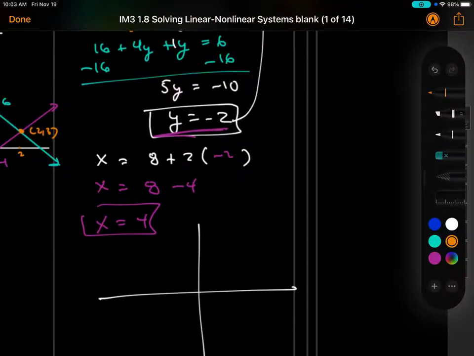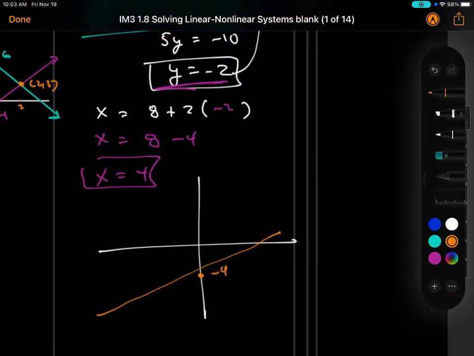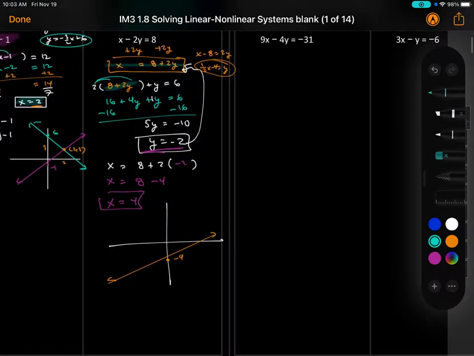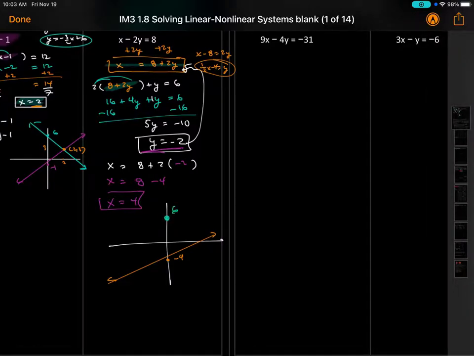So go down to minus 4. And 1/2 is positive, so from left to right it's going up. And over here on this equation, if I subtract 2x, then I have that in slope-intercept form, so positive 6. Negative slope, so it's going down.